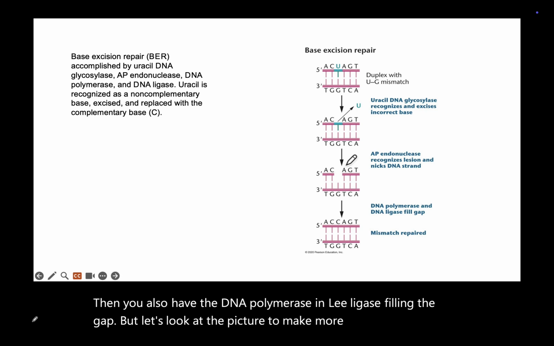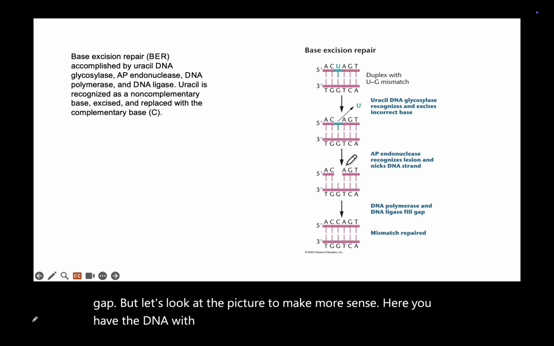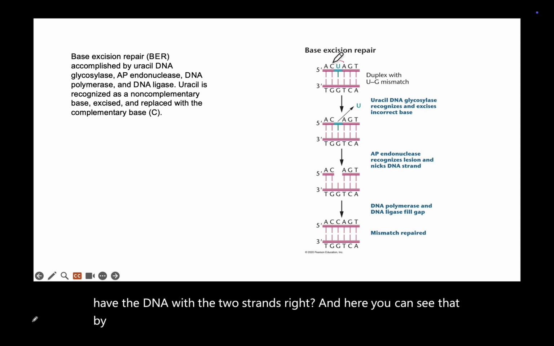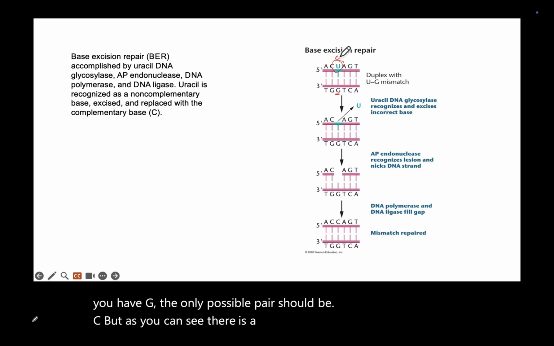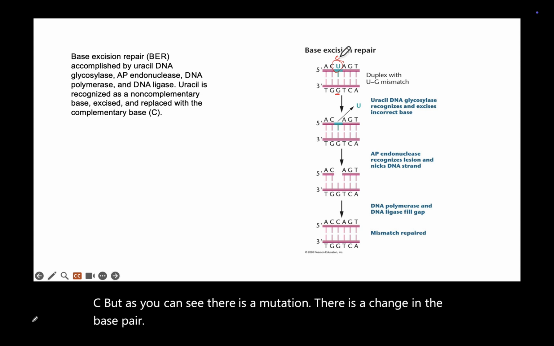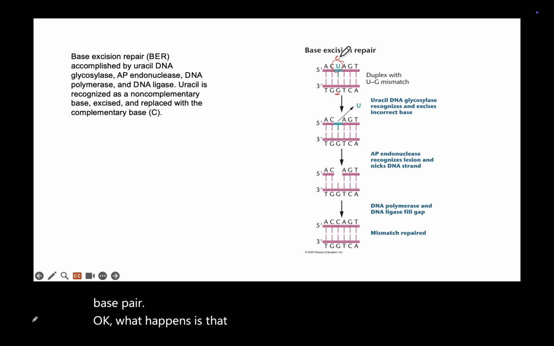Here you have the DNA with the two strands, right? And here you can see that by mistake there is a uracil where it should not be, because if you have G, the only possible pair should be C. But as you can see, there is a mutation there. There is a change in the base pair. Okay? What happens is that the DNA glycosylase will recognize this mutation.